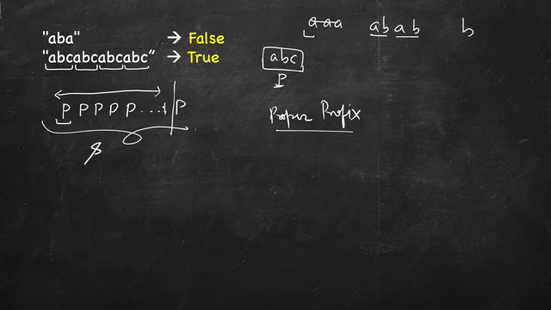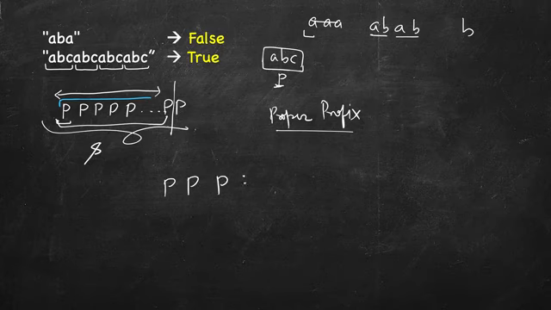So if you exclude the last P, let's write a smaller example. P, P, P, P, just like this one. So we cannot include the last character. If we don't include this last character, we are removing something from the last P, so that cannot match this one.